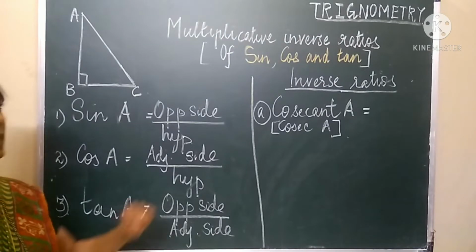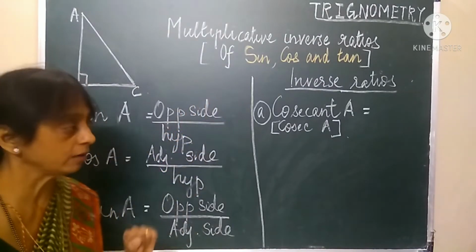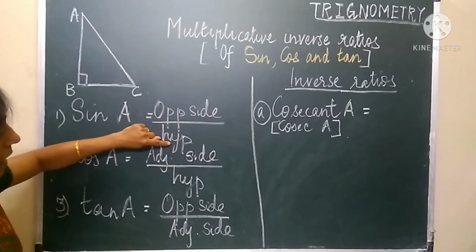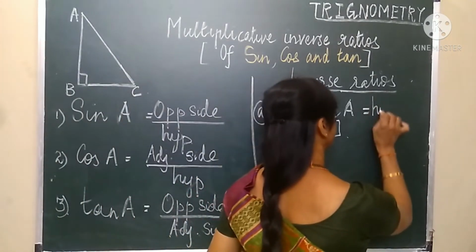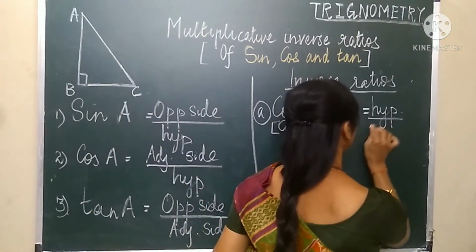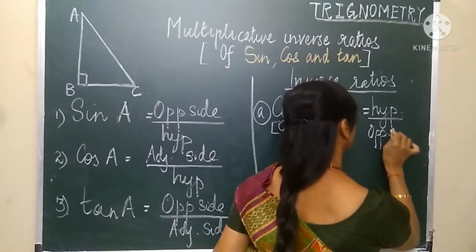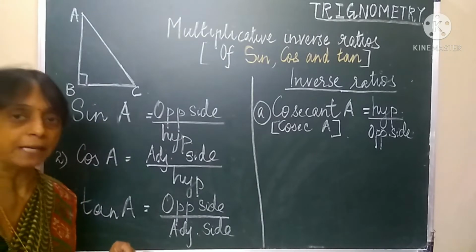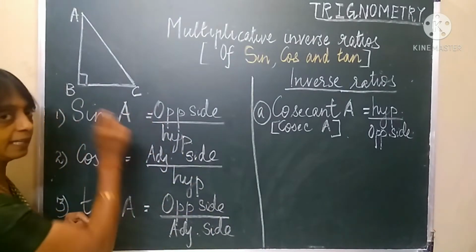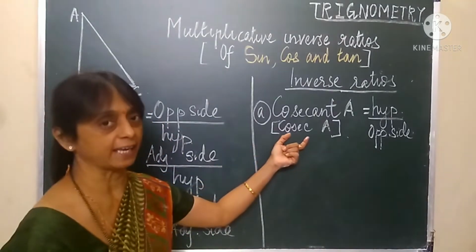It is given by, as it is a multiplicative inverse, a reciprocal, the general formula hypotenuse upon opposite side. So, the multiplicative inverse of sine is called cosec.